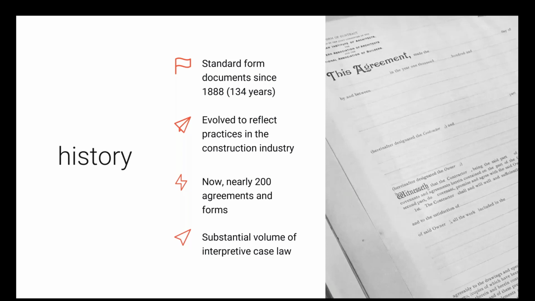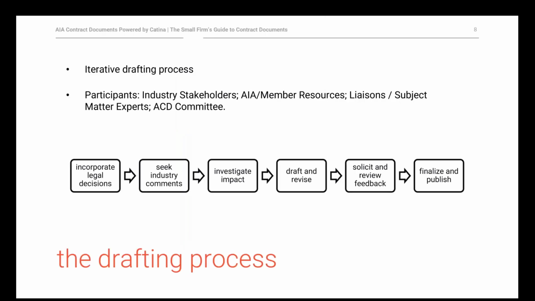Of course, over that time, there's also grown a substantial volume of interpretive case law, cases around the country that have interpreted the AIA's documents and/or otherwise recognized their common use and the fact that they represent the industry standard. And we're very pleased about that and proud about that history and the popularity of these documents.